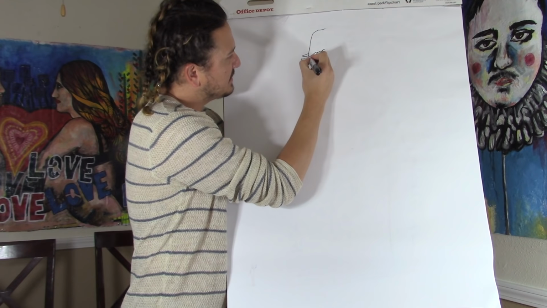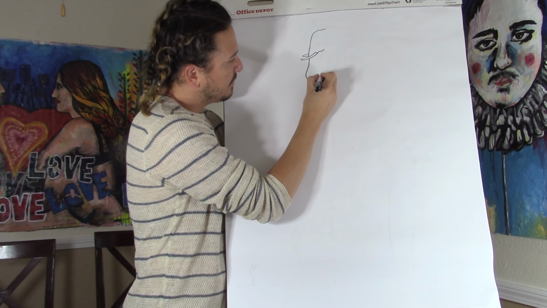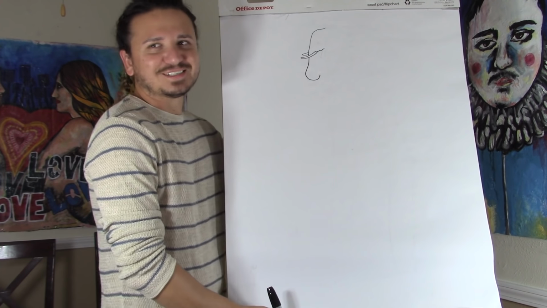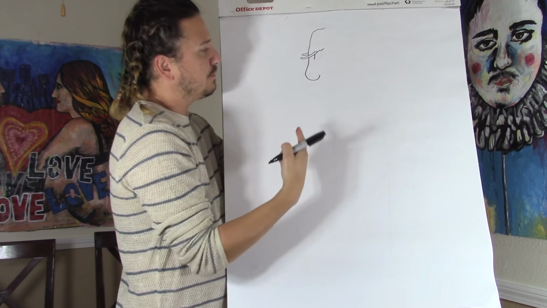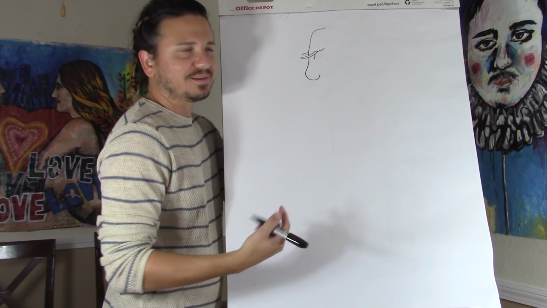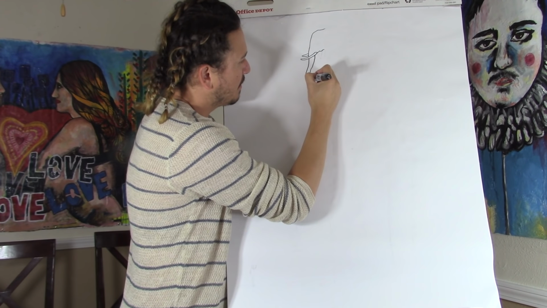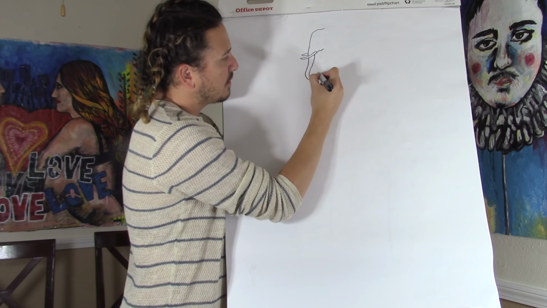So you're going to bring this line down and then curve it in a little bit. Kind of like a backwards J. Then once you bring the other line down, remember to make it progressively thinner. And then at the end you're going to add an oval.